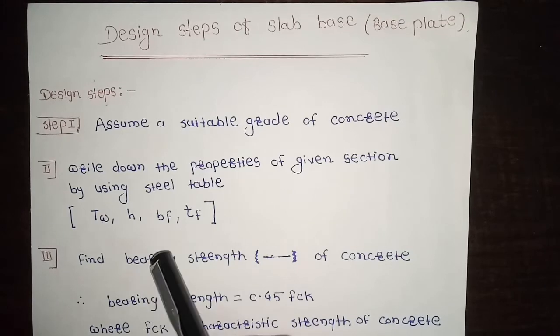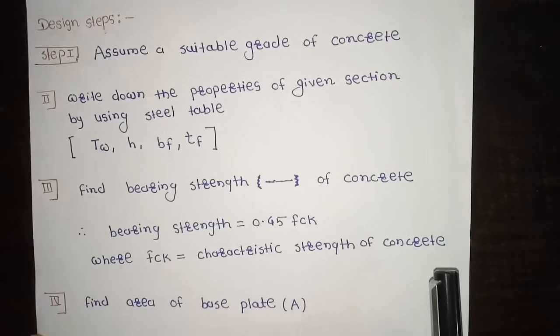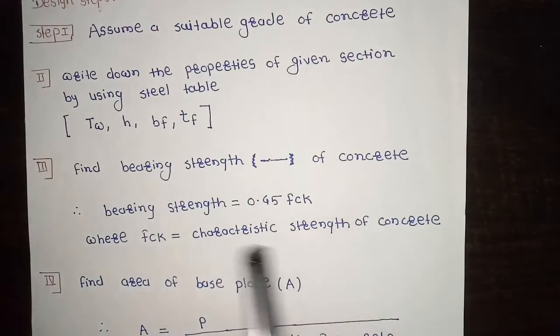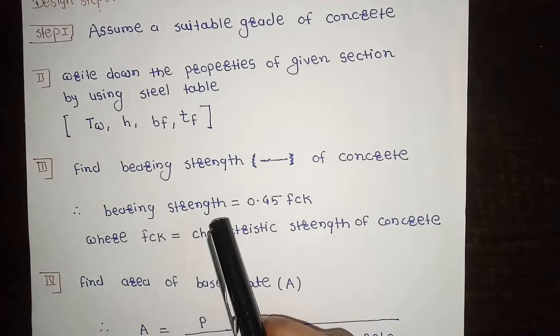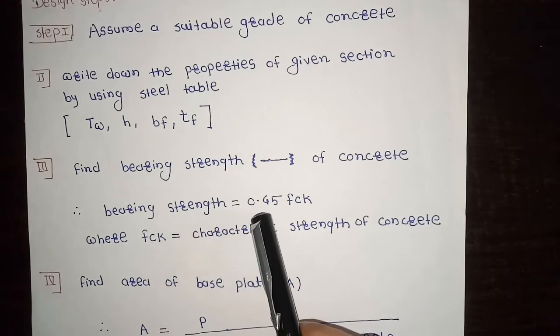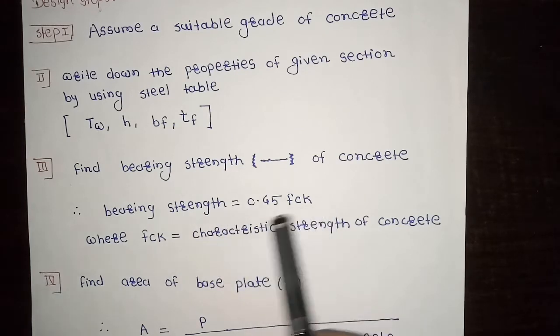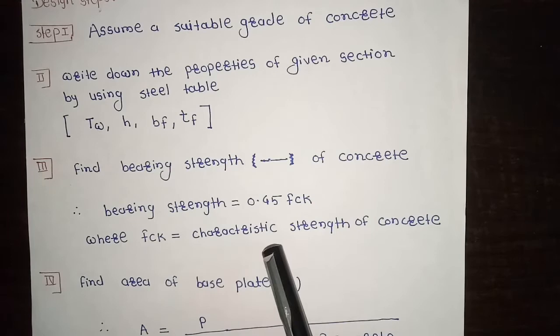Next, step third, find bearing strength of concrete. Bearing strength is given by the formula 0.45 FCK, where FCK is the characteristic strength of concrete.